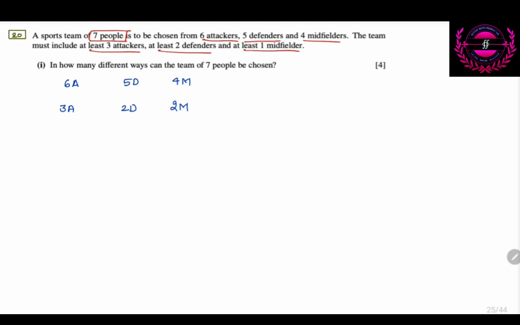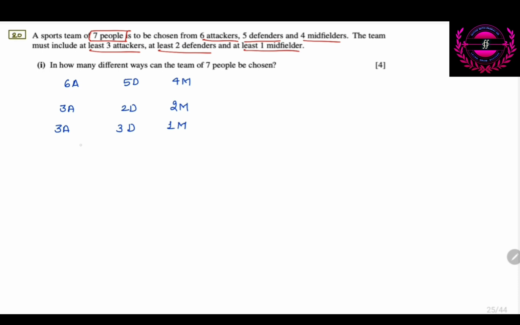So total becomes 7. Now, it can also be 3 attackers and 3 defenders and 1 midfielder, because at least 1 midfielder must be there.